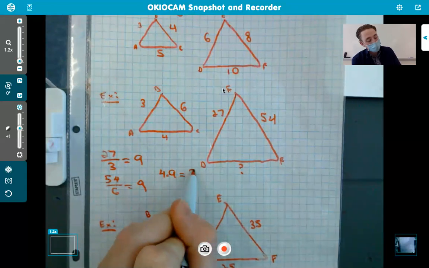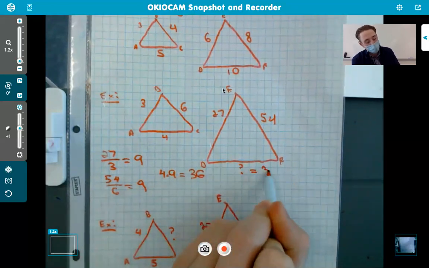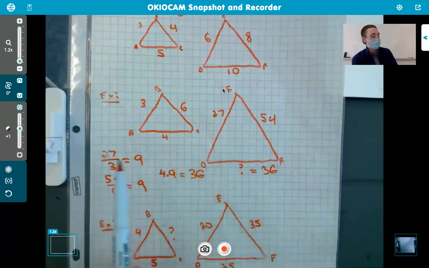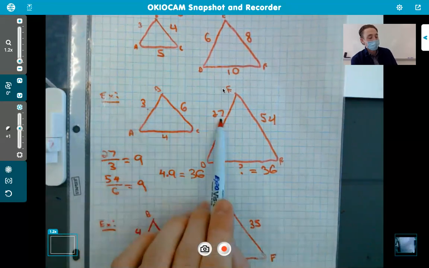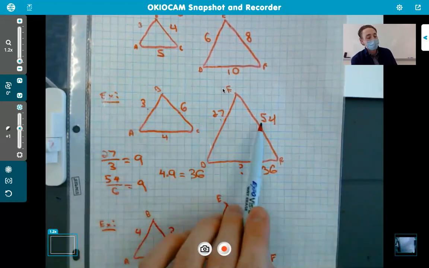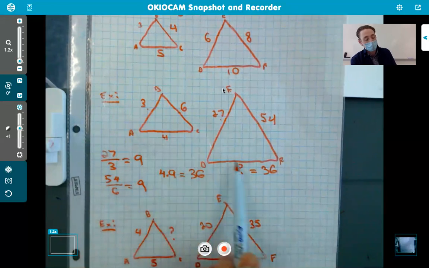Good. So 36. So that's my missing side length here. They're all proportional, right? To get from this number 3 to 27, multiplied by 9. 6 times 9 gives me 54. So then 4 times 9 should give me this missing side length, which is 36.